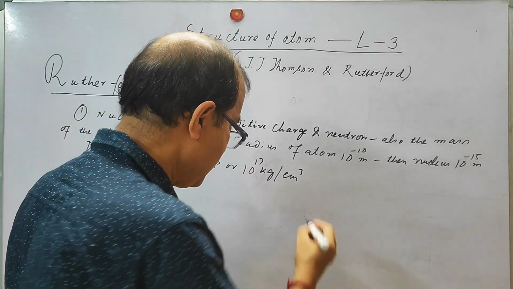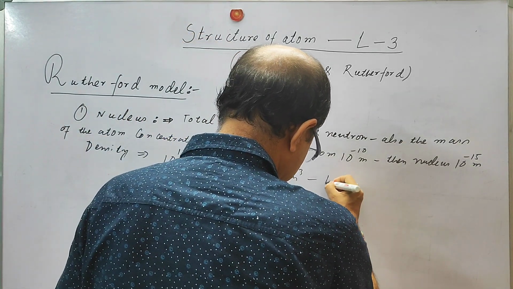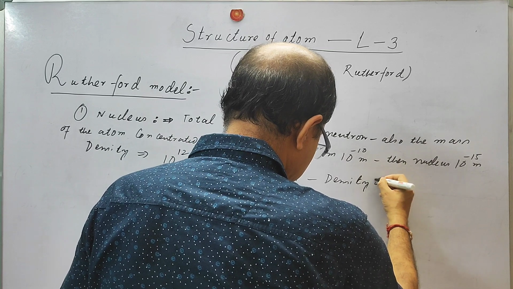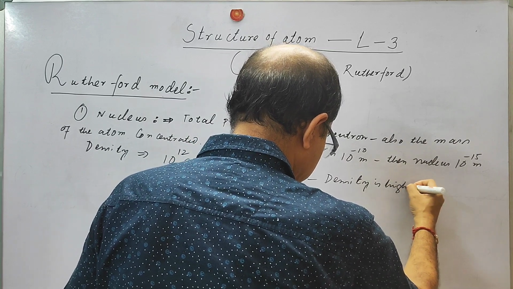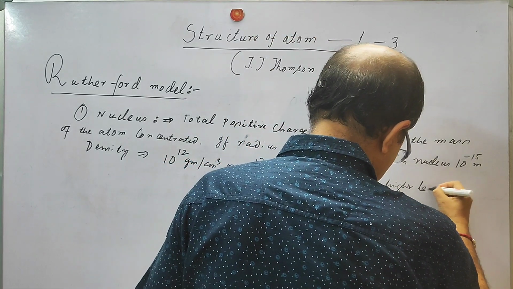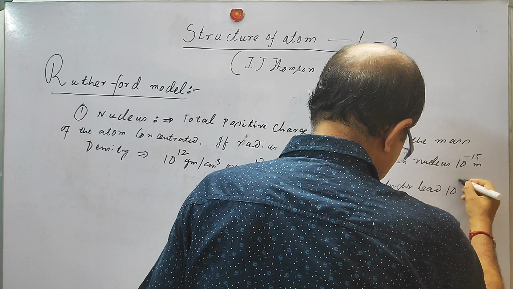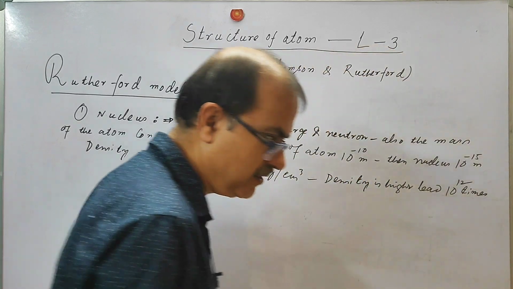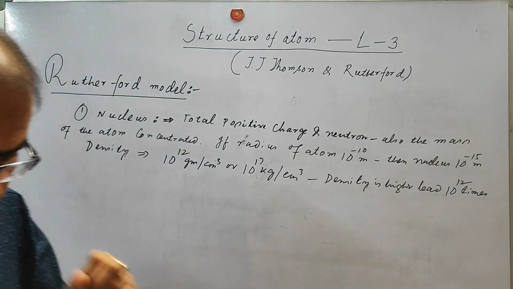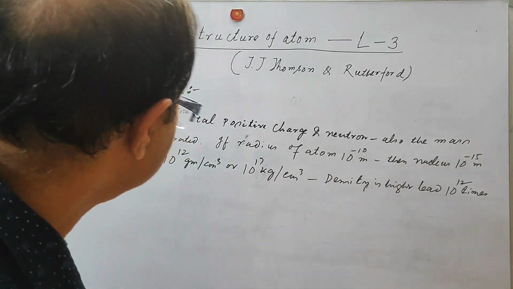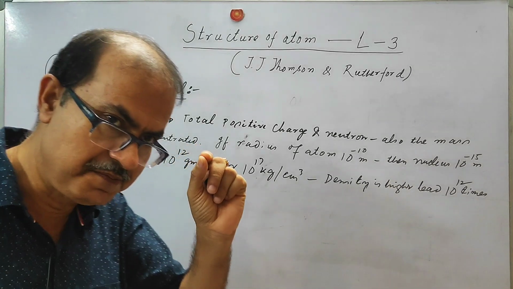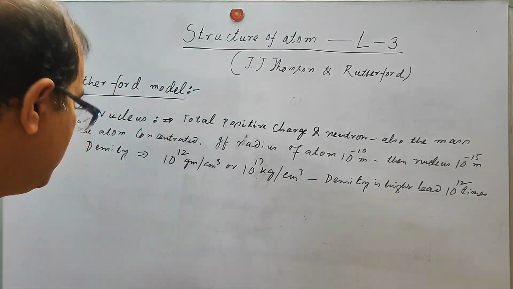Its density is 10 to the power 12 times higher than lead. So you can imagine how much is packed in the small space of the nucleus. So this is the nucleus, the central part of the atom.